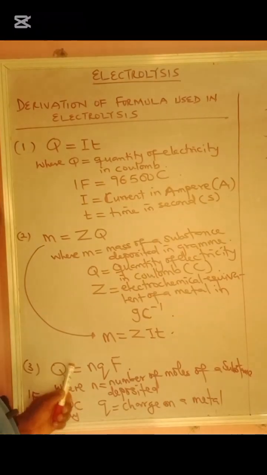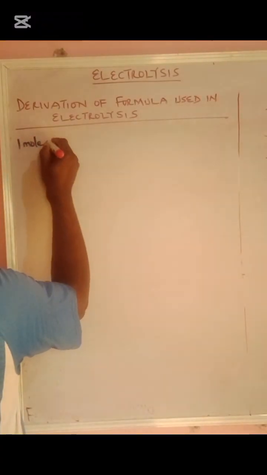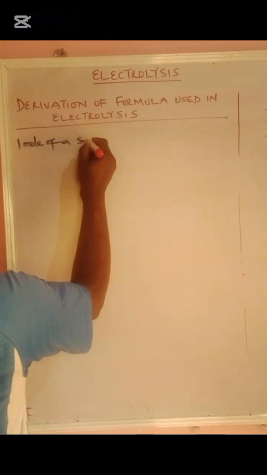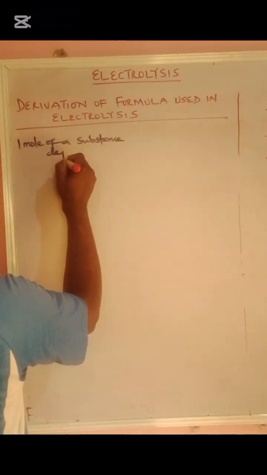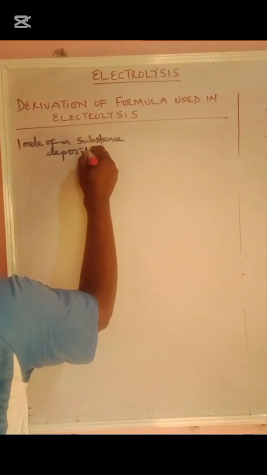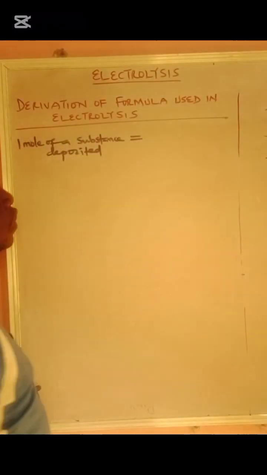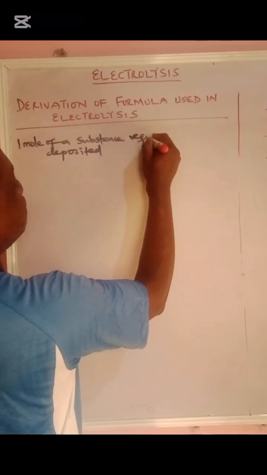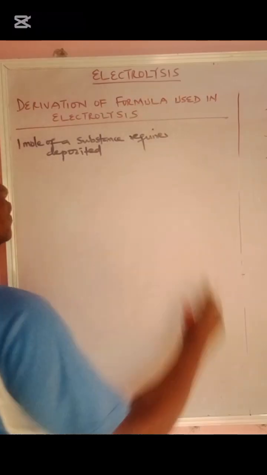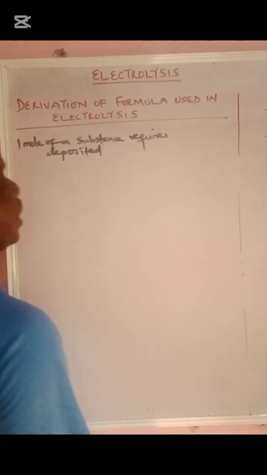So let's see how we normally derive this formula. 1 mole of a substance deposited at the electrode is equals to, meaning it requires, okay, let me say it requires, we can say 2 Faraday.